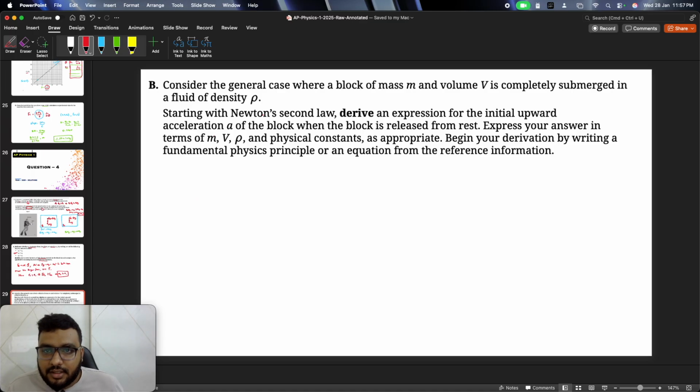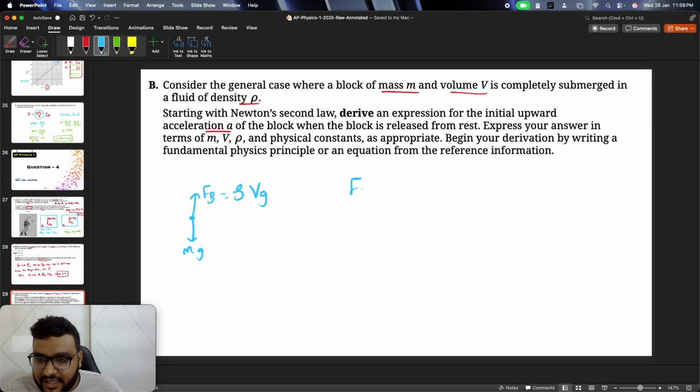Next, consider the general case where a block of mass m and volume v is completely submerged in a fluid of density rho. Starting with Newton's second law, derive an expression for the initial upward acceleration a of the block when the block is released from rest. So here I will have the weight mg, and on the top I will have a buoyant force, rho Vg, where the volume is v and the density is rho.